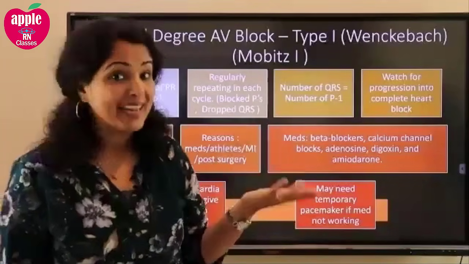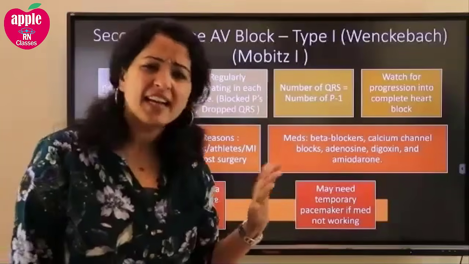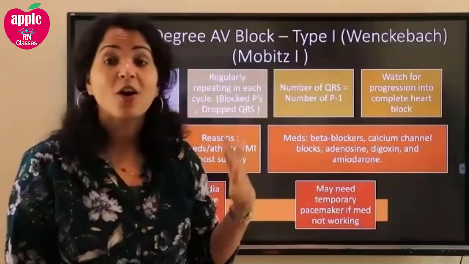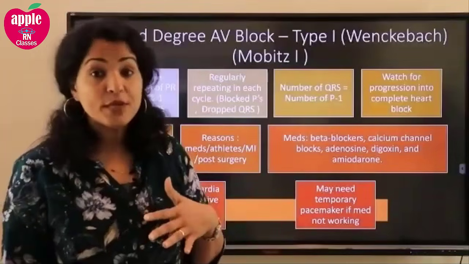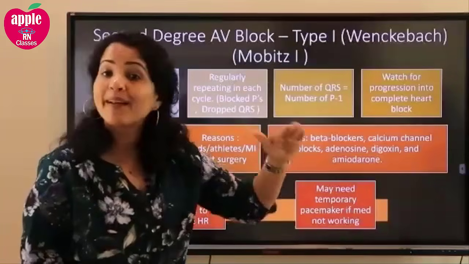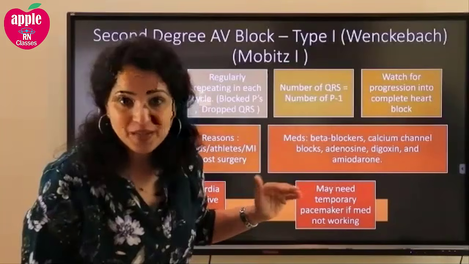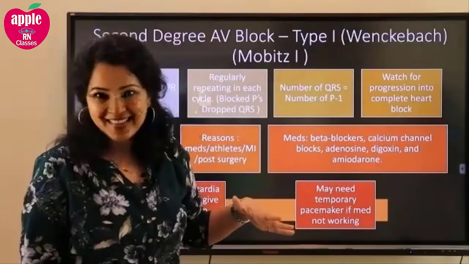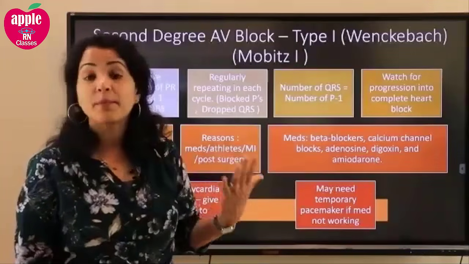Okay, it might be enough. Not all the time probably, but most of the time counseling will be enough, which means if you give atropine, that will probably take care of their problem and they will be fine. Okay, so if that works, that's the best.